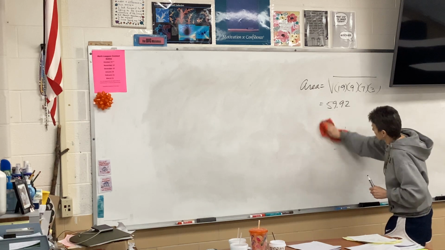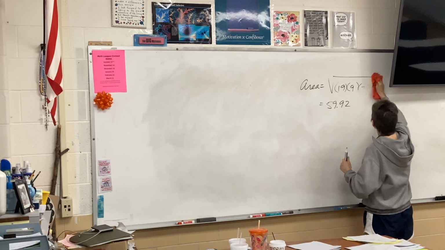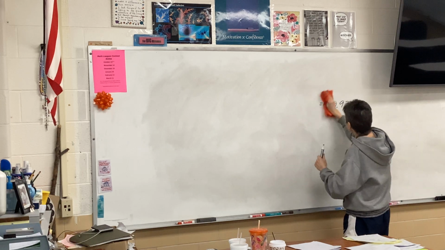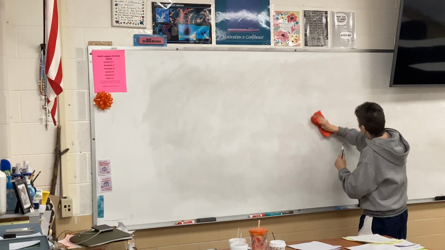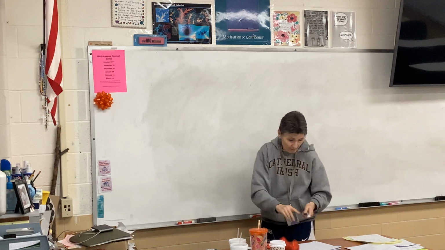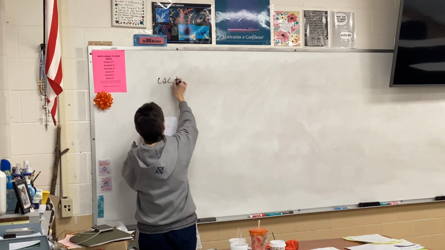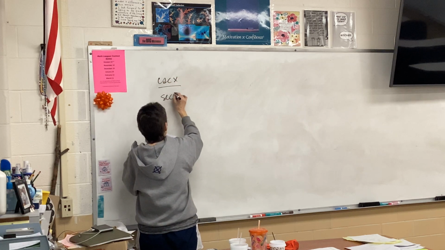Okay, number 1. These are the simplified problems. So we have our reference sheet if we need it. Some of you are getting really good at this and you don't need a reference sheet, but you'll have it. So we have cosecant divided by secant.